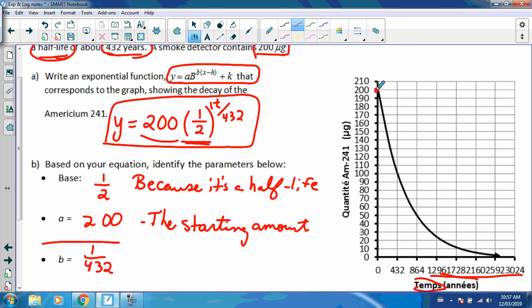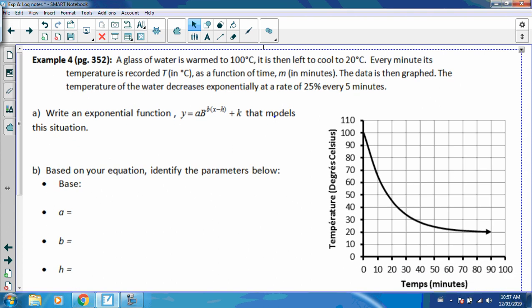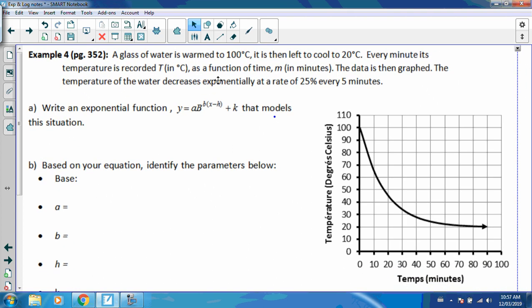Okay. So next, here's another similar one from your textbook about a glass of water that is warmed to 100 degrees and then left to cool to 20. Every minute, its temperature is recorded in degrees Celsius as a function of time, m in minutes.